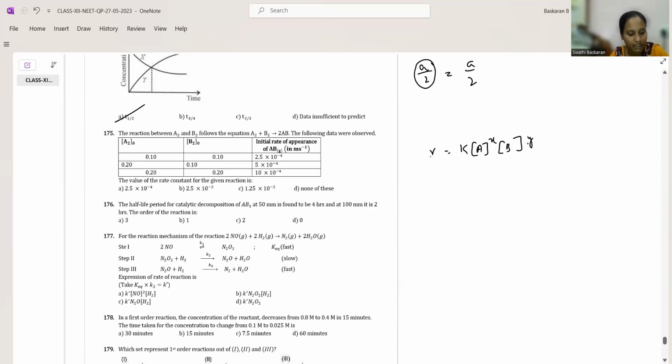Now directly we will be taking equation 2 divided by equation 1. Where is equation 2? This I'm assuming to be equation 2 divided by equation 1.